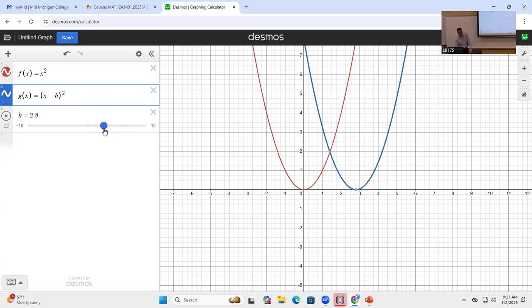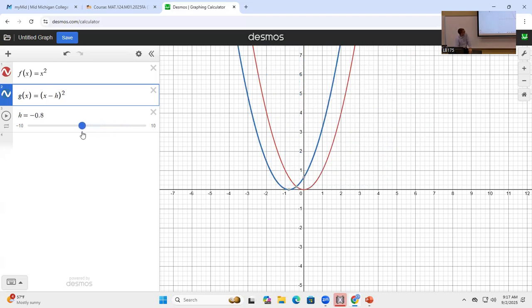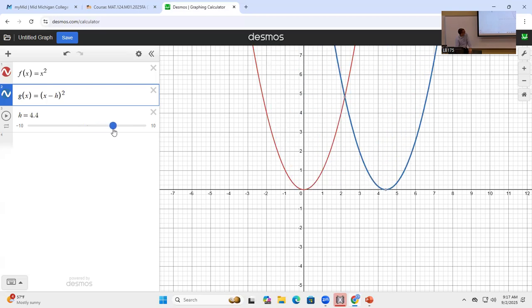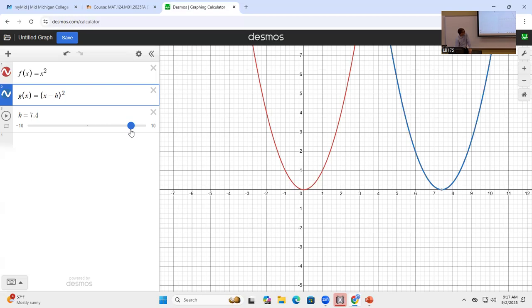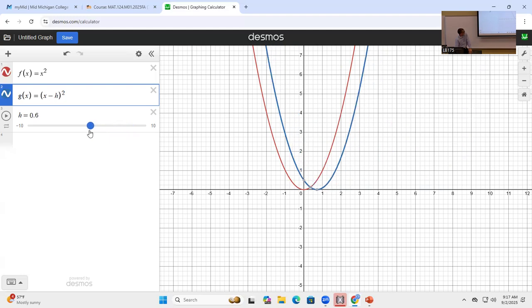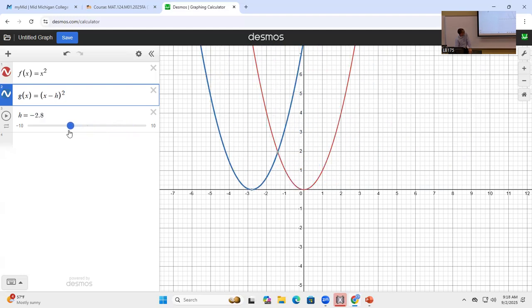And one of the nice things Desmos has is a feature where you can add a slider. And so you can see that as you move your h, as h gets bigger, the further you go to the right. As h gets smaller, you hit the origin, and then you start moving to the left.